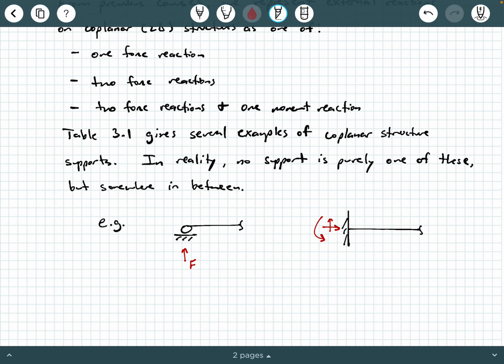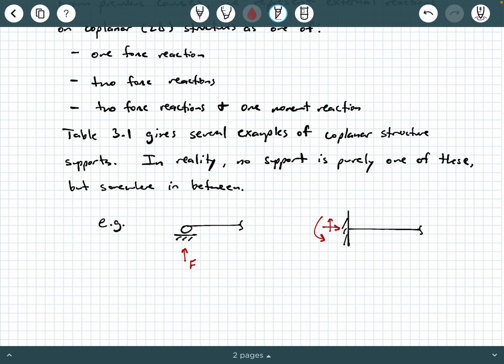Well, in reality, is it really going to be a perfect restraint? Not really. This connection may have a little bit of flexibility, so it's not 100% perfectly fixed. It may be really close to perfectly fixed, but it's not going to be 100% fixed for all kinds of loads that it might support.